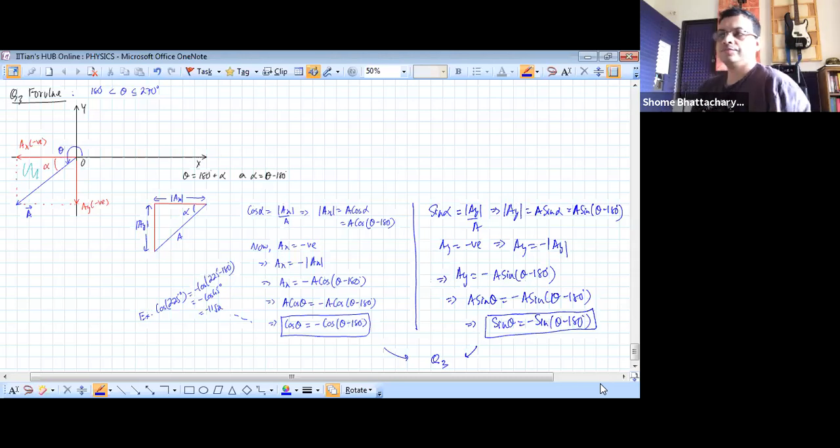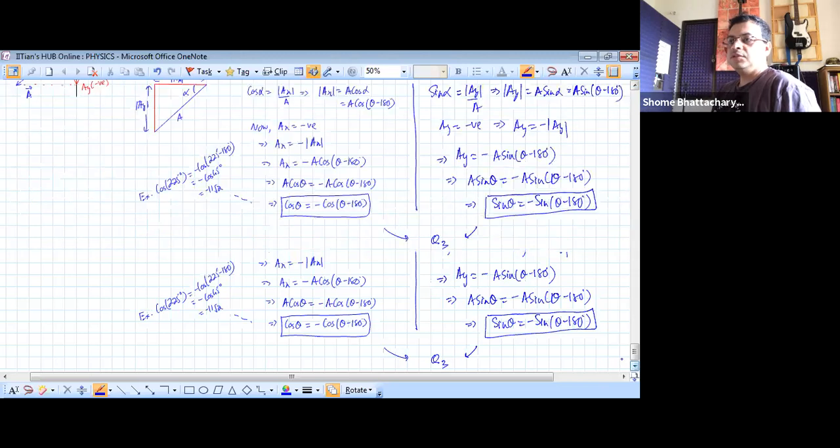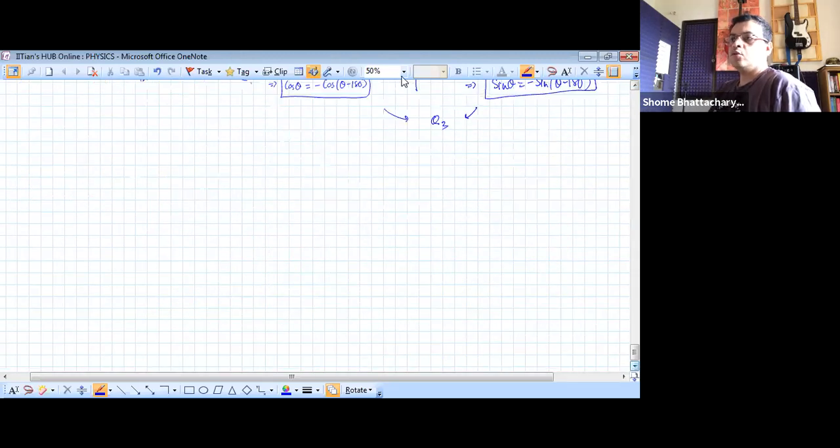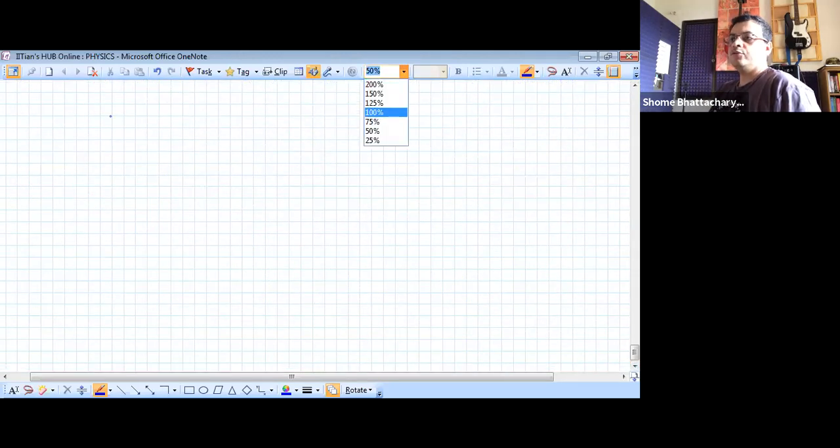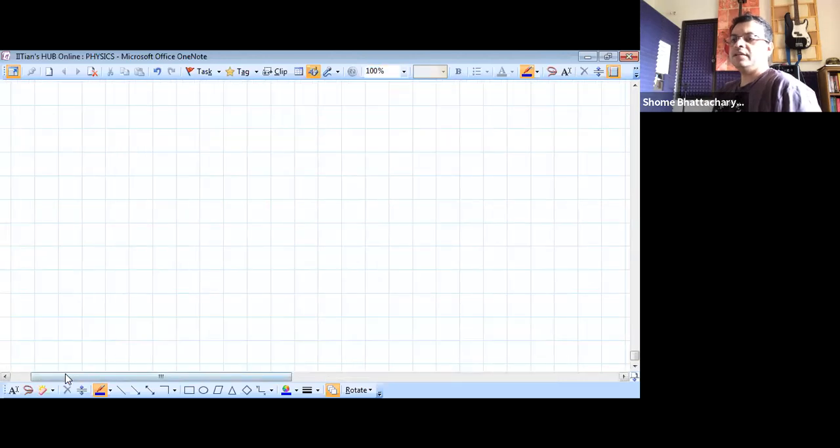Alright people, so following this, and similarly the quadrant 4 formulae, I'll just write down the formula, you can try the derivation yourself.